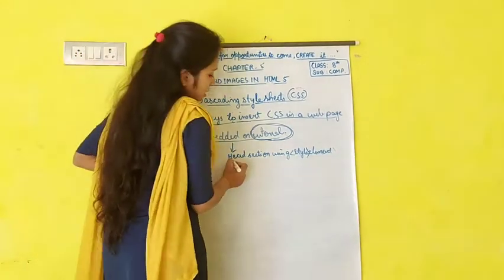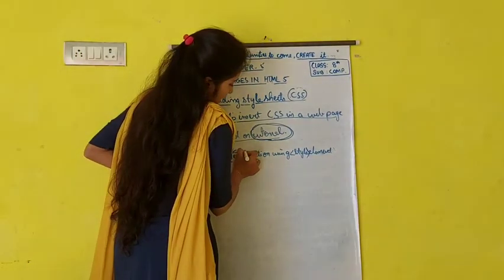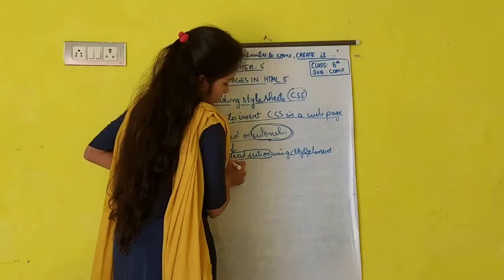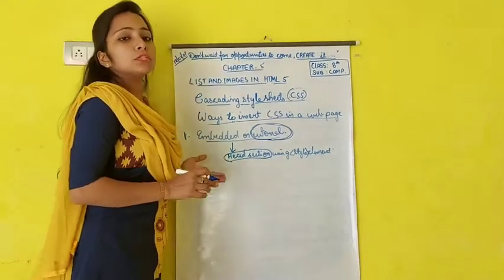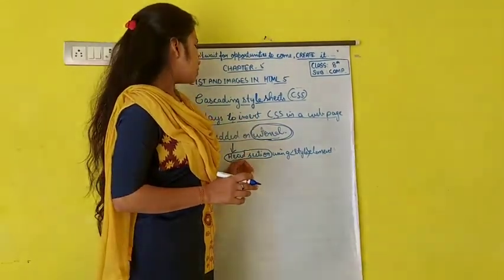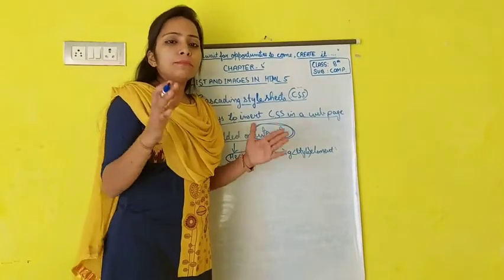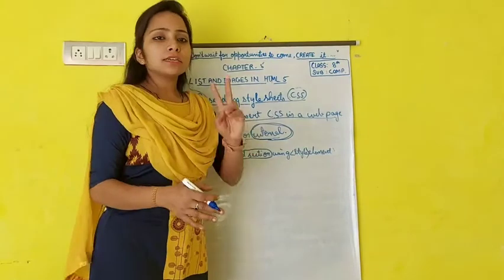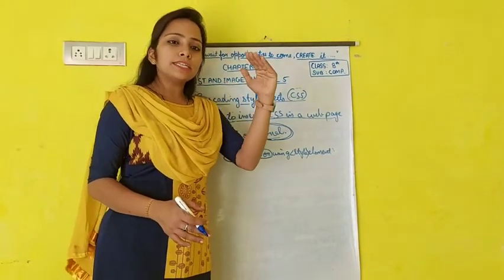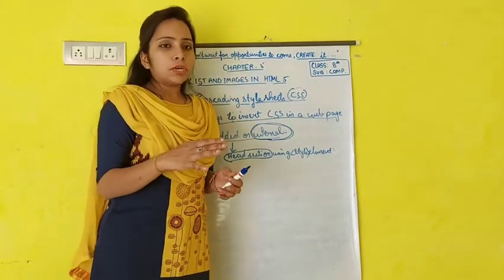Here the difference is, it can be created in the head section. I have told you in the last class about the head section and body section. The HTML web page consists of two sections. One is the head section and the other is the body section.